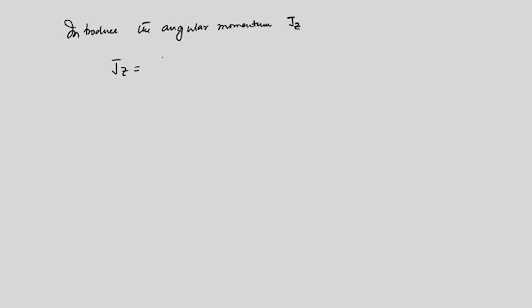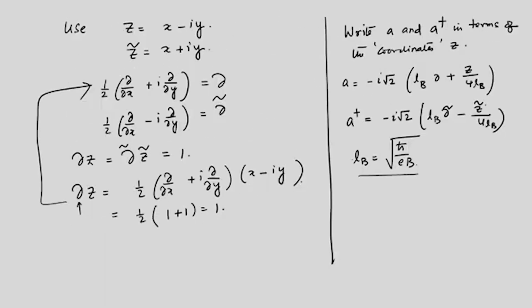So, we just use the total quantum number notation J. So, this Jz is nothing but equal to h cross, which is of course the scale of the problem, times z del minus z tilde del tilde. Okay. So, just to remind you that these are the definitions of delta and delta tilde. And this z is of course x minus iy and z tilde is x plus iy.